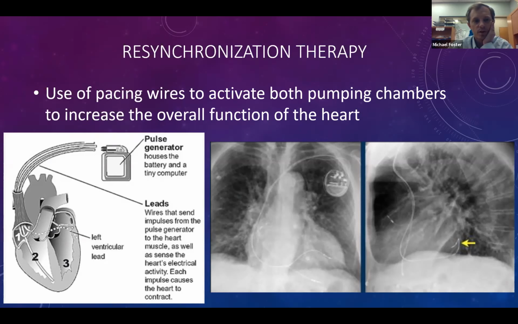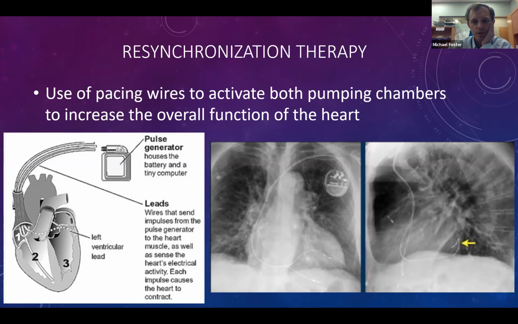As you can see here, the leads extend from the generator and go into the vein and down into the heart itself. And one would be inserted into the right pumping chamber called the right ventricle, while another one would go into the vein that actually drains the heart, which we call the coronary sinus. And this one is actually behind the left pumping chamber, and it helps pace the left pumping chamber. The point, again, of this is to help the heart function be in synchrony.